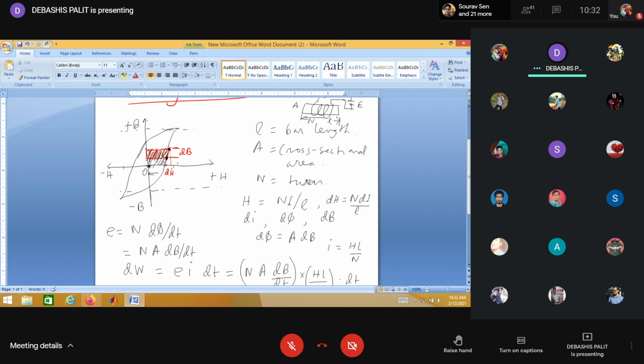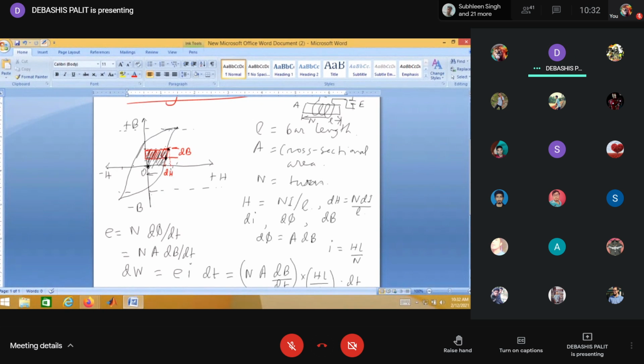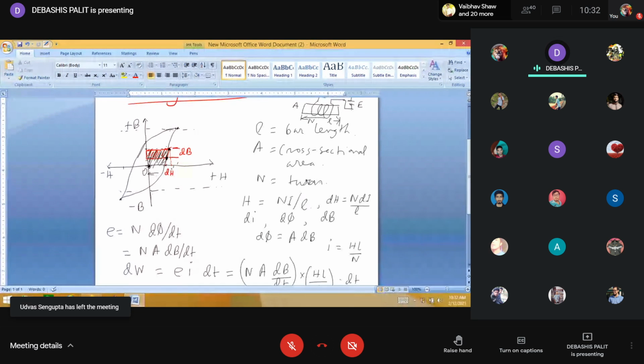So if you consider the first cycle, it starts from the 0 point, reaches this point, plus I, and then follows this path. Then on the negative side there is a negative increment of current and negative increment of flux.